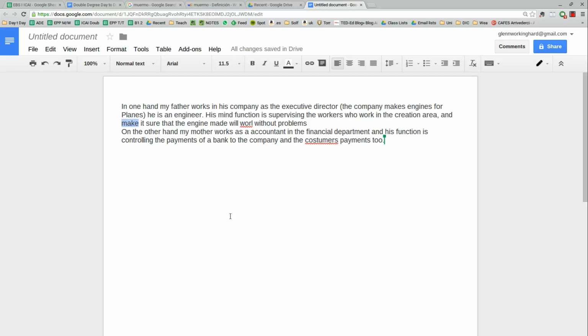This is a list, right, of two things. If you use the gerund here, which is correct, then you use it here as well. Making sure, notice that, making sure or ensuring that the engine made, I think you mean engines made, will work without problems. Okay, will function appropriately.